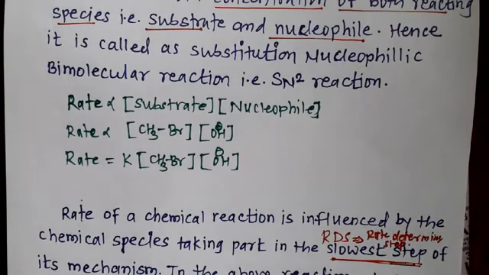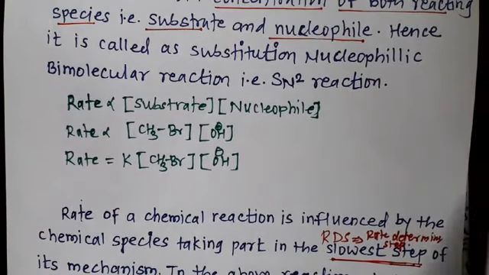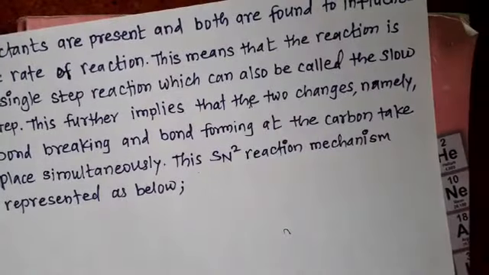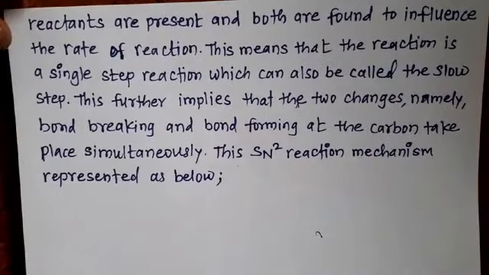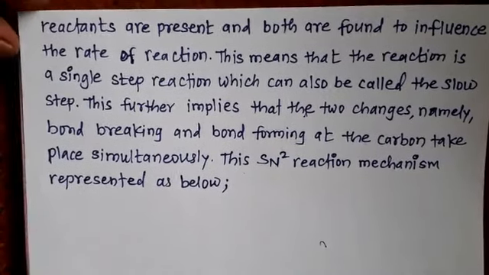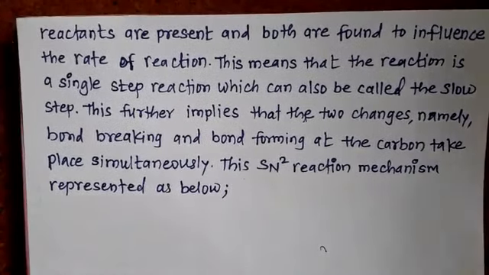So we can conclude that this reaction is a single step reaction, and this single step is a slow step, and it further implies that two changes take place during this reaction.